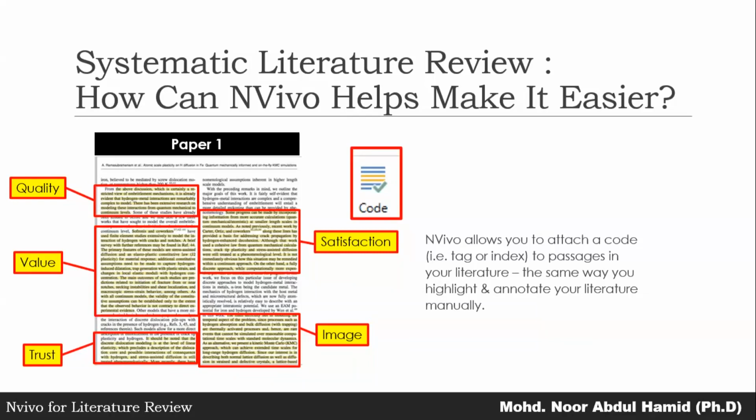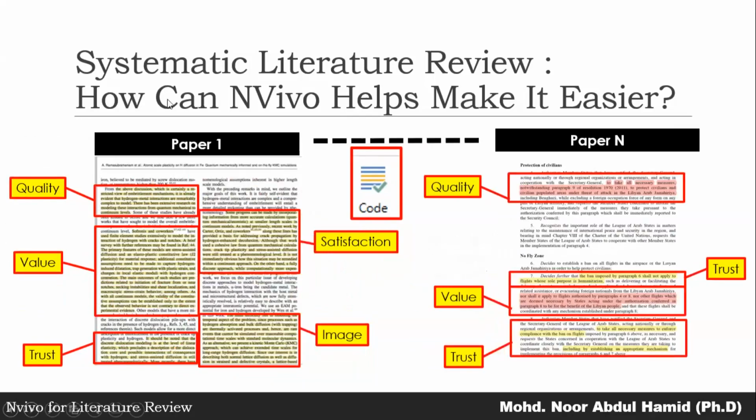You will do coding for each of the papers and attach a code to each passage. So for example, if you have 100 papers, you will do this coding for all of them. In paper number 100, the hundredth paper, you also have codes such as quality, trust, value, and so on.